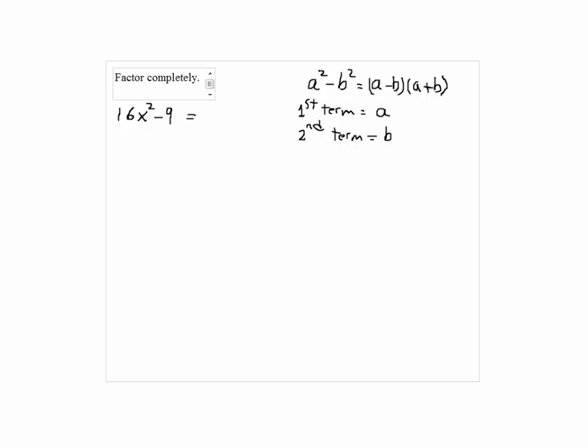Now recall, if you have a squared minus b squared, that would be a minus b times a plus b, where the first term would be a, the second term would be b. In this case, we have to see if we can make this a difference of squares.